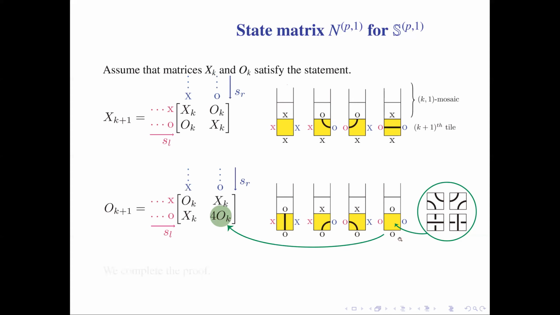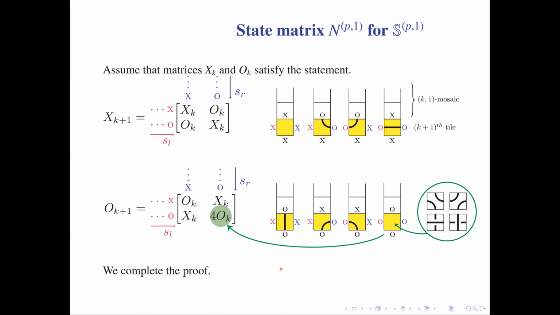So we can establish two matrices XK plus 1 and OK plus 1, because of the backwardness of the lexicographical order of 2 to the power of K plus 1 states. Here, the number of all suitably connected K plus 1 by 1 mosaics with these conditions is represented here. So do we complete the proof?